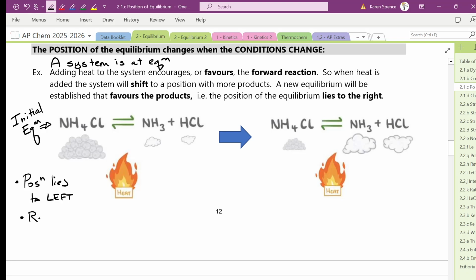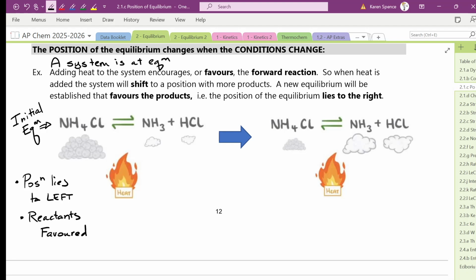Reactants are favored, yeah. I'm drowning you in the language so that you're like, okay, favored, yeah, reactants, yeah, position lies to the left. We're just kind of overusing the language so it becomes really familiar.